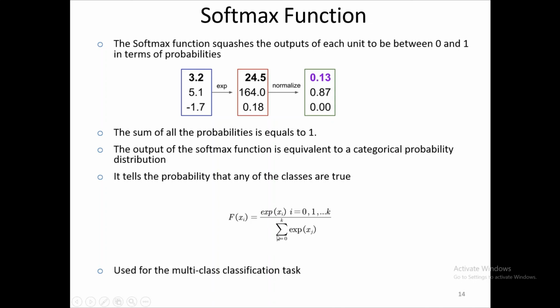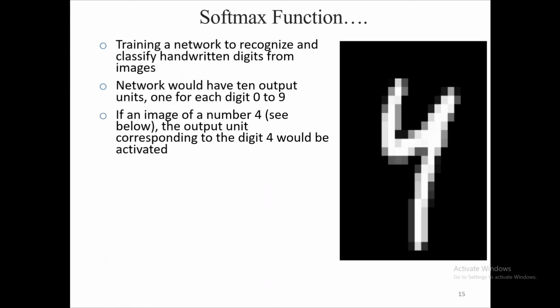As we have seen here, we first exponentiate the values and we normalize them. The softmax function can also be used for training a network to recognize and classify handwritten digits from images. It's just a simple example.